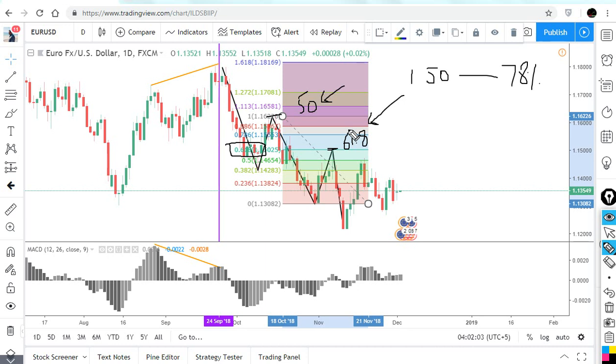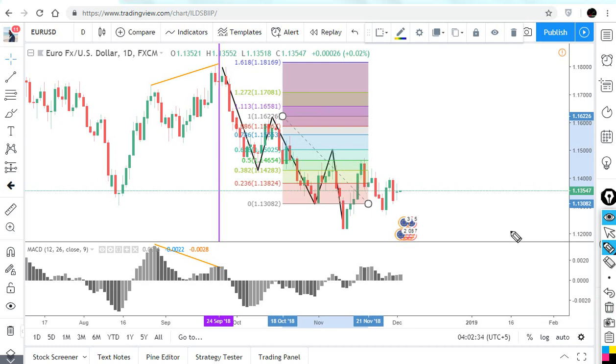Okay, now after the third wave, what is the way to find out the future? I told you that you have to trace your Fibonacci on the other side, so it will tell you the extensions. The extension will tell you the extension number 1 for wave 3 and then wave 5 for 1.618. Now there is another question: okay fine, we see the correction, now where is our wave number 5, right?